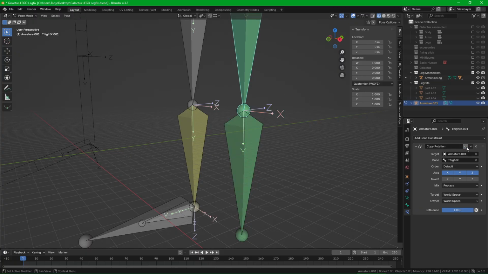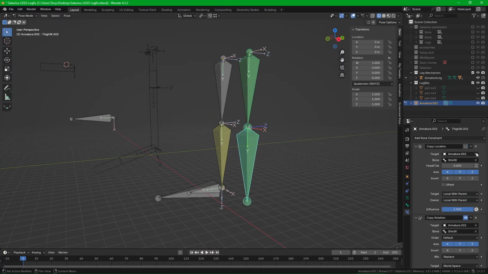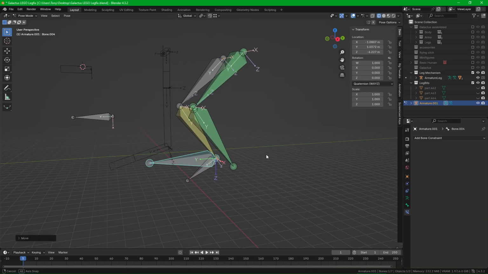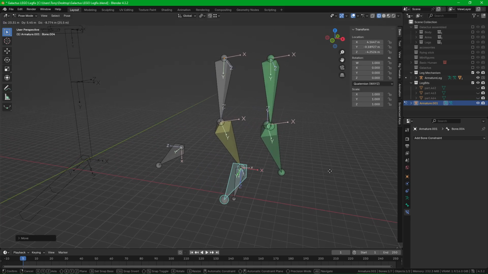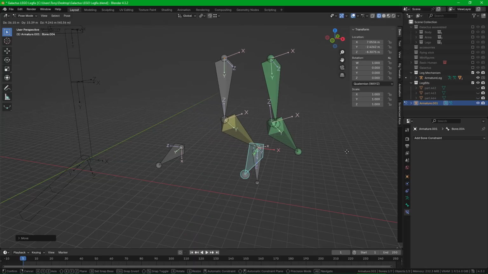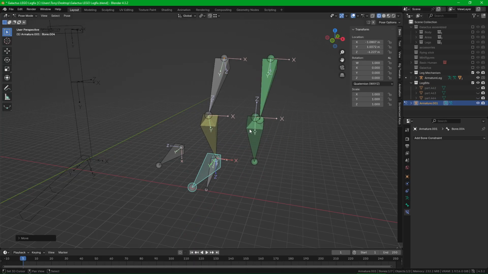And this is getting its, again, so hold on, let's do local with parent. That's better. Right, and it's off there, right?